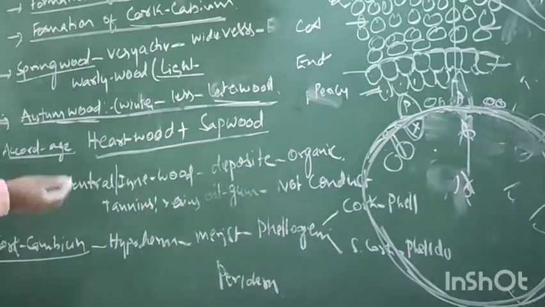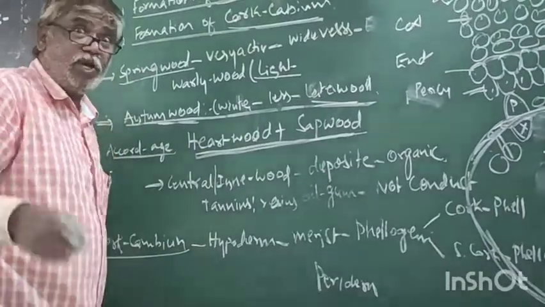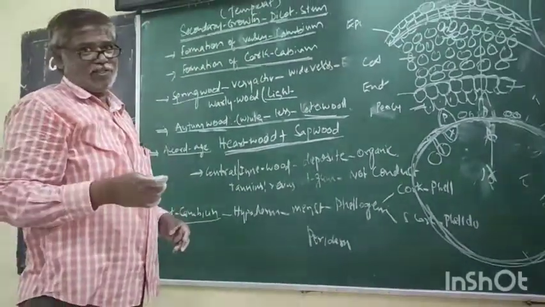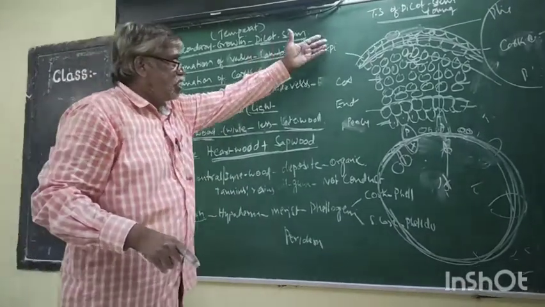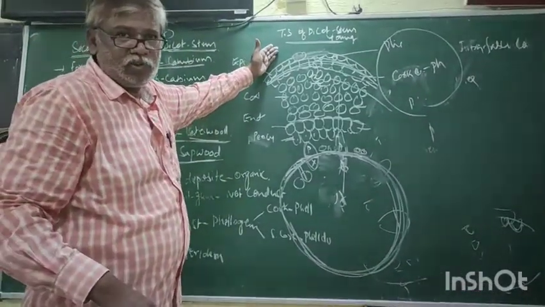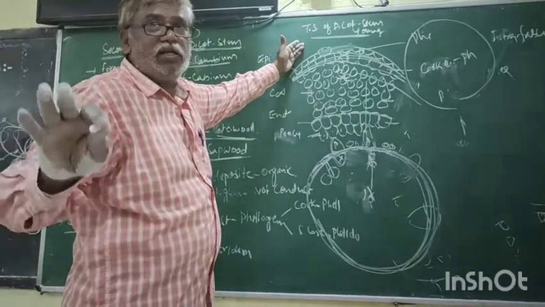Next one, hardwood and sapwood based on age. Every year, this is a dicot perennial. It may be 100 years or 200 years, maybe 40 years or 50 years, perennial.